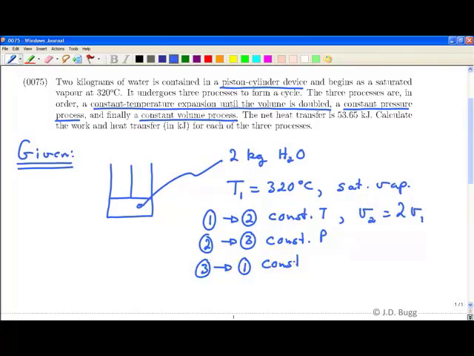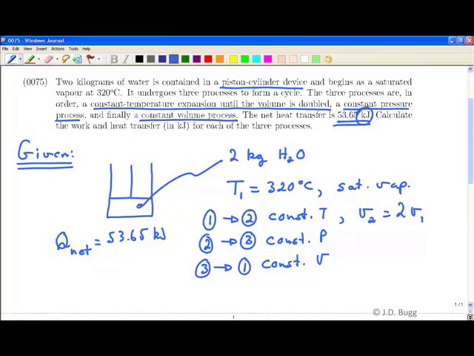And that's constant volume. Also given in this problem is the net heat transfer. So let's just put that over here. Q net is equal to 53.65 kilojoules. Notice it's a total amount in kilojoules, so I use a capital Q here, Q net.